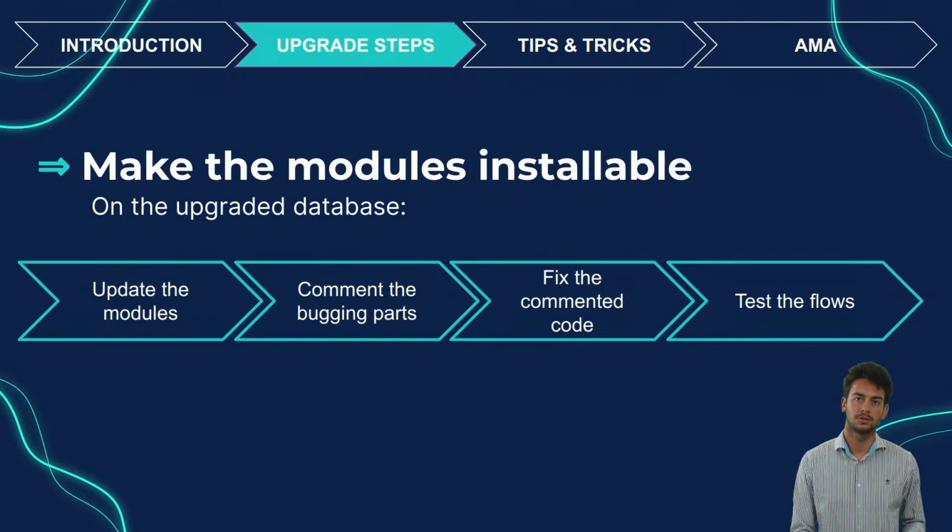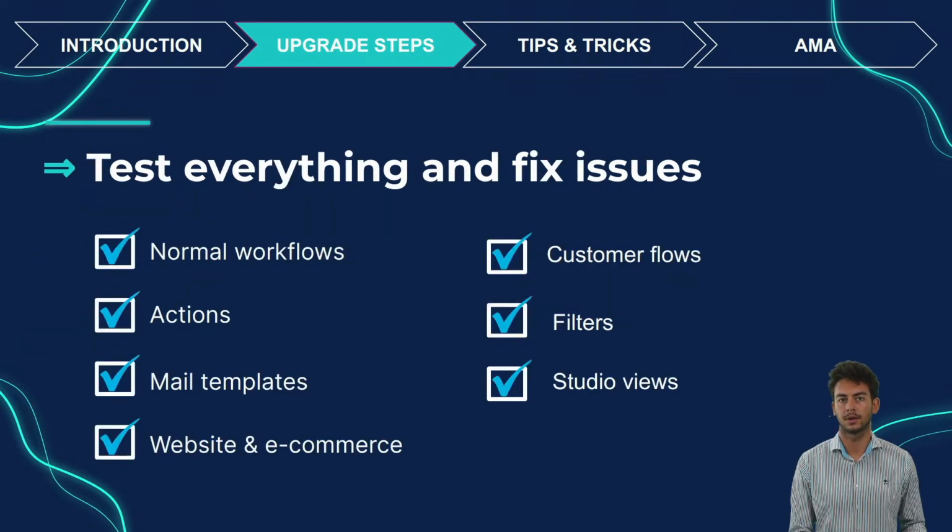Once again, test all the flows, this time with data. Have a look at the data: what has changed, what is a normal change, what is an issue. With your customer, go through everything. The normal workflows: creating an invoice, creating a sale, going through the different steps of the CRM.